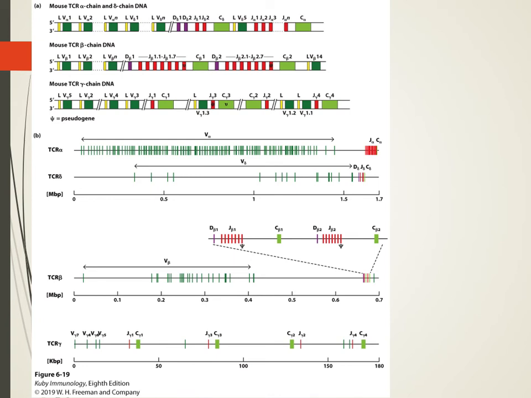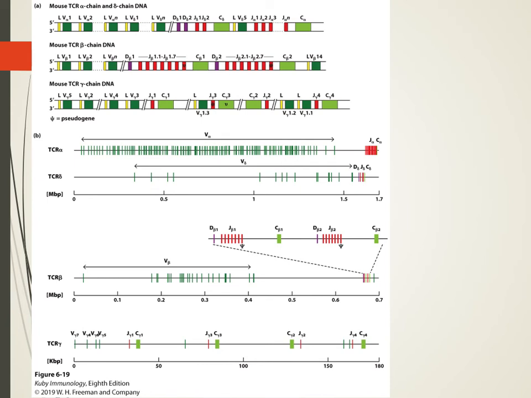So looking at the T cell receptor, again, it's going to be made up of two different chains. So we have alpha, beta, gamma, and delta. On the top in panel A, we're looking at the alpha and delta, and then moving down, the beta, and then the gamma.